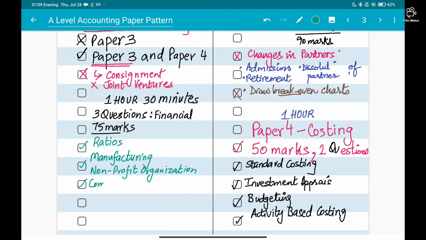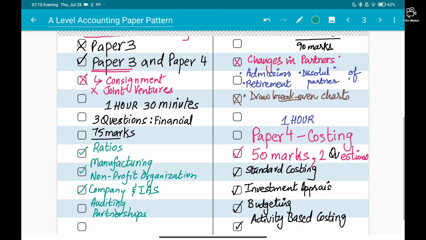Company and IES is still there, a lot of questions are going to come on company and IES as well. Ratios, auditing is still there. I'm missing some topics, but there's a lot of things. Partnership, mergers, amalgamation. All of these topics are still there, and 3 questions will be set from those chapters. Okay, so I think I've covered most of the things, but there might still be minimal changes.